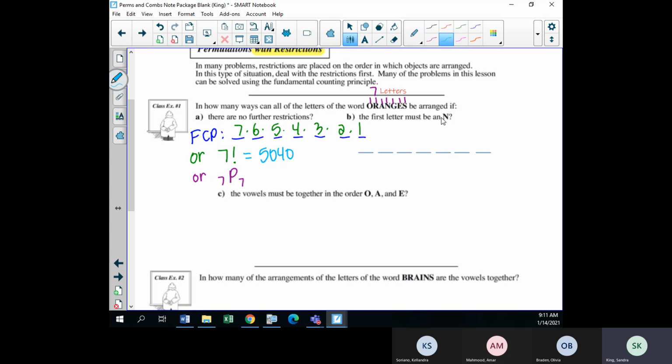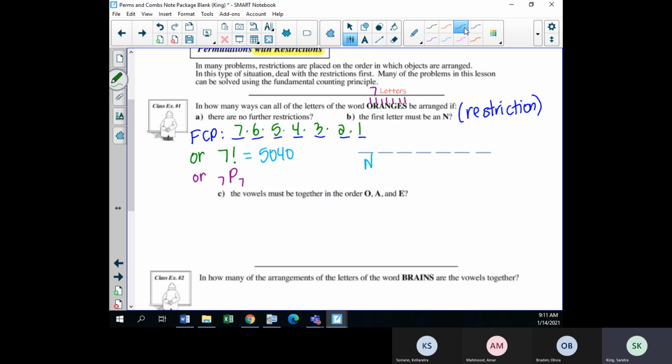Okay, this would be considered a restriction. So let's write for B, this is a restriction. The first letter must be an N. So you'd say the first letter must be an N. And Rian, what am I going to write above the N here? How many N's are there? Just 1.